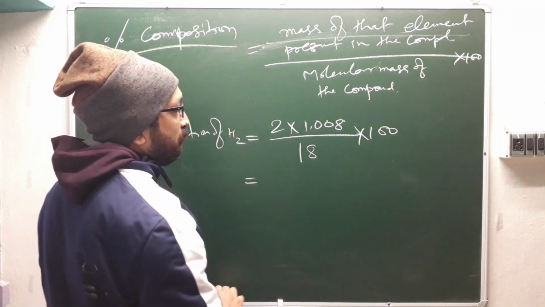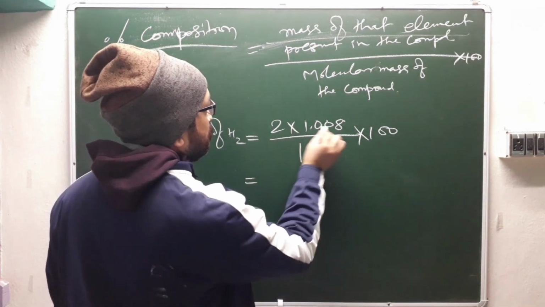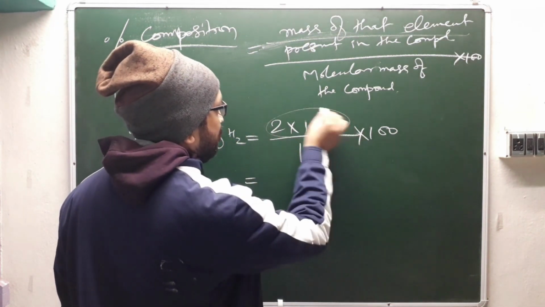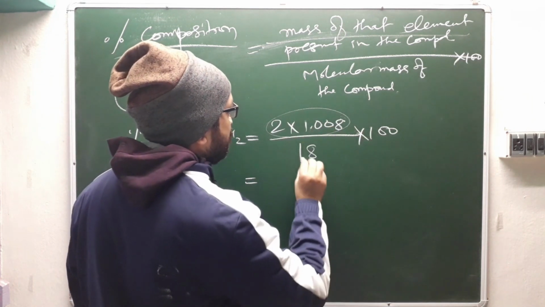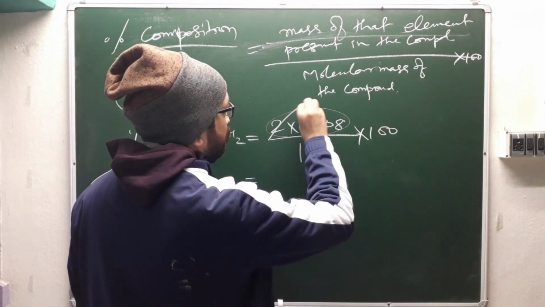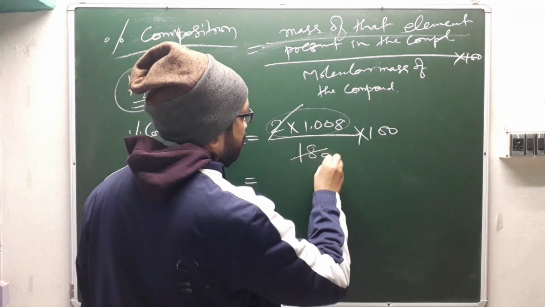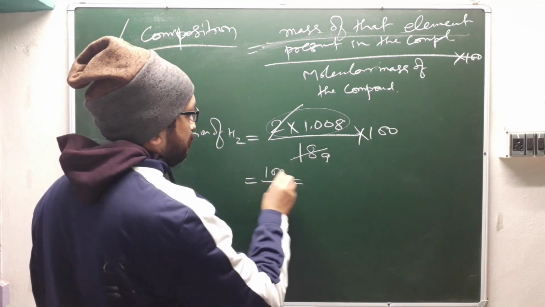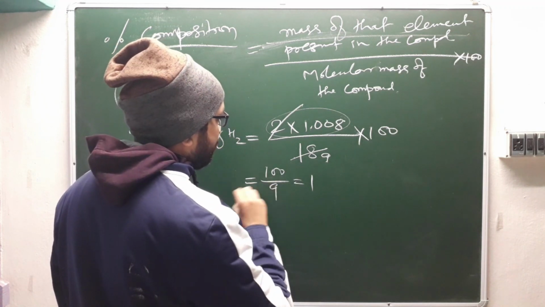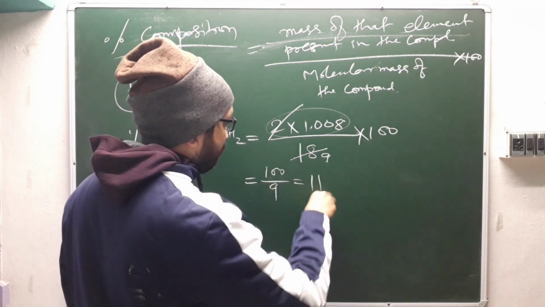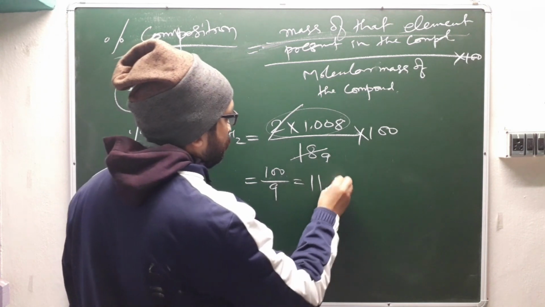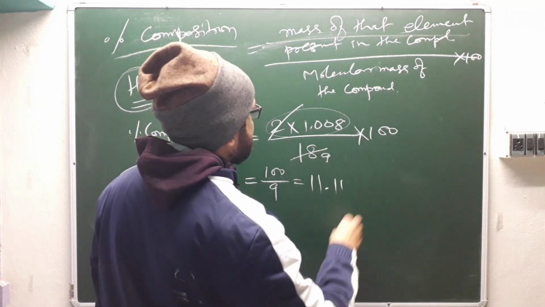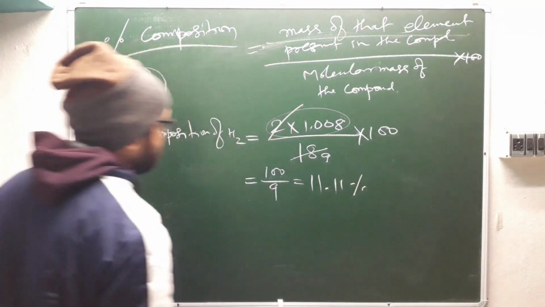It is approximately 2 divided by 18 into 100, which comes to 11.11. You just write this is the percentage of hydrogen present.